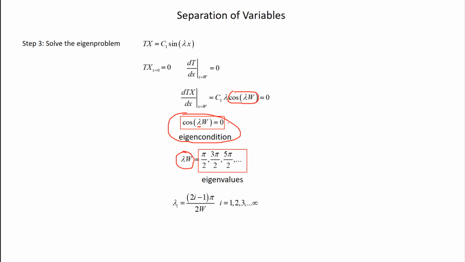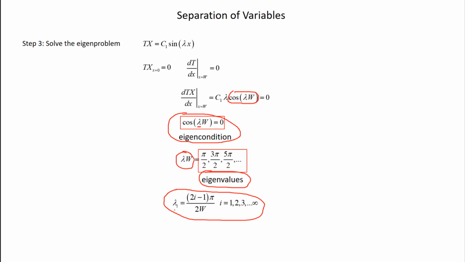We find an eigencondition, and that eigencondition is going to have an infinite number of solutions that we call eigenvalues, right? So these lambdas, these are our eigenvalues. So for this particular case, our eigenvalues are given by this formula here. Lambda I, so there's a whole bunch of them.